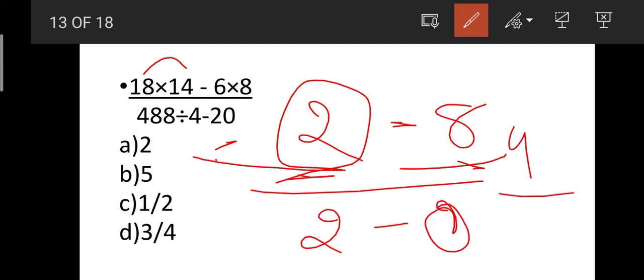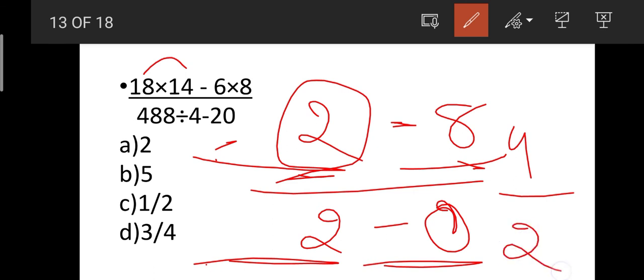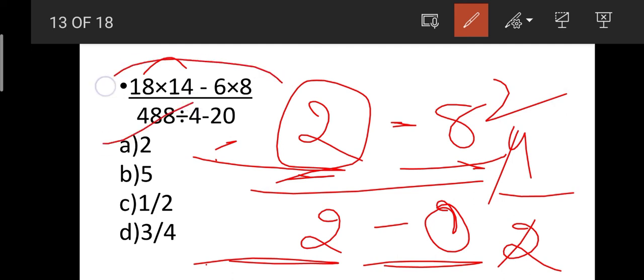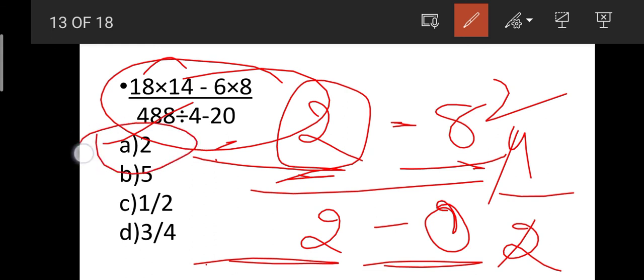And here, if we take a number ending with 2 and subtract a number ending with 0, then the resultant should be 2. So we can get the answer very quickly. 4 divided by 2, the answer will be 2. Isn't that very simple friends? Here the answer is the same. It is 2. If we go for the entire calculation also, you will get the same answer, 2.